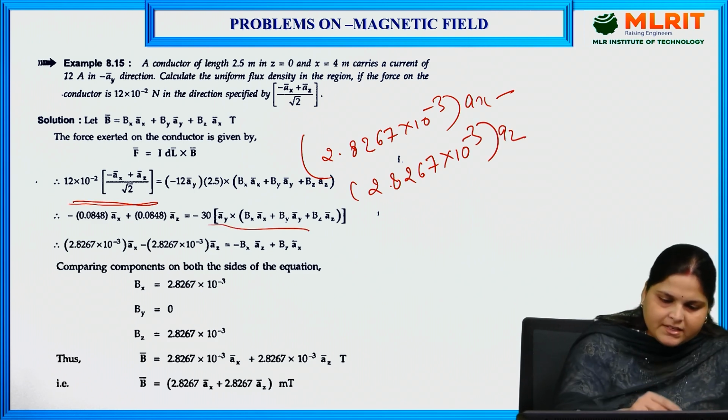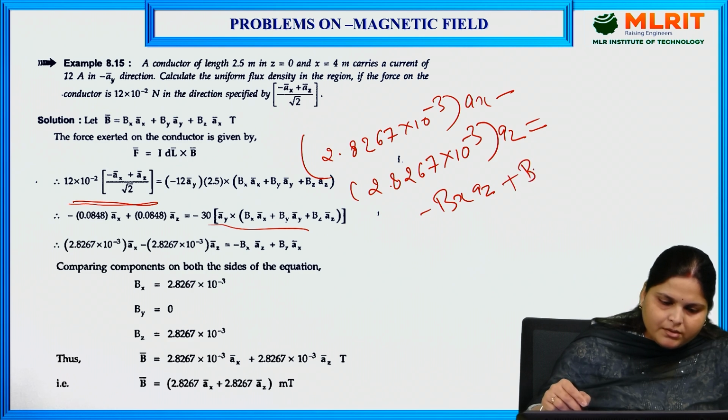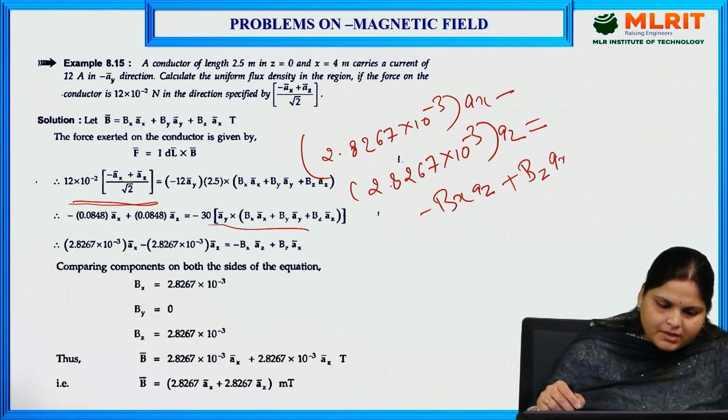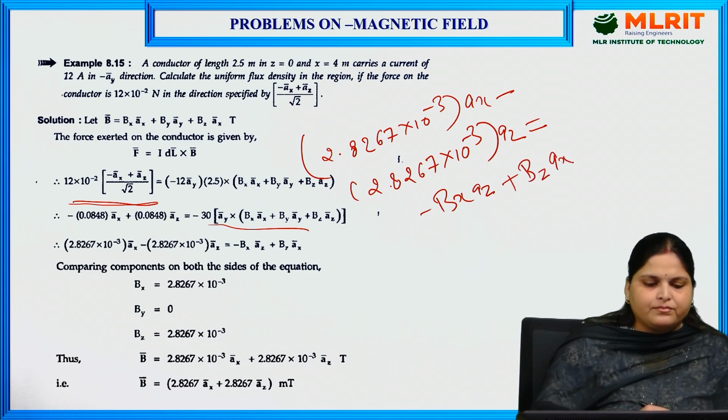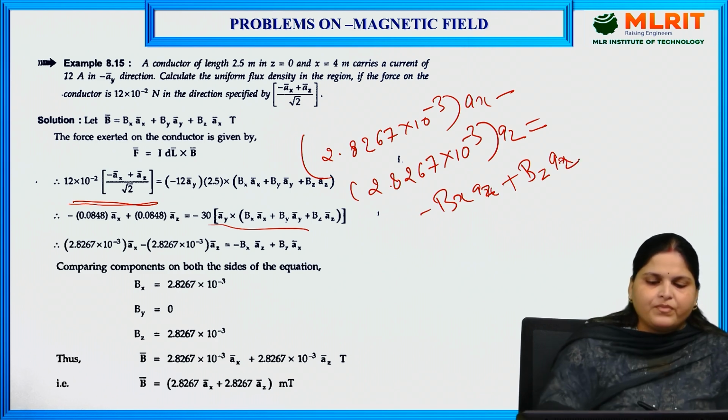And on the right hand side, we will get minus BX AZ, okay, plus BZ AX, right? BZ, BX AX and BZ AZ.